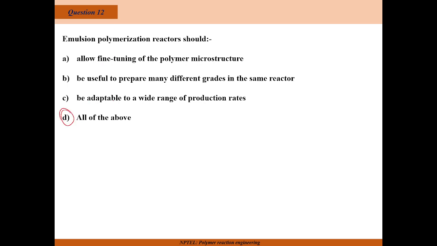All these three are the major advantages of emulsion polymerization. It allows fine tuning of the polymer microstructure, it is useful to prepare many different grades in one reactor, and it is adaptable to a wide range of production rates. These are considered the minimum qualification to call something emulsion polymerization.